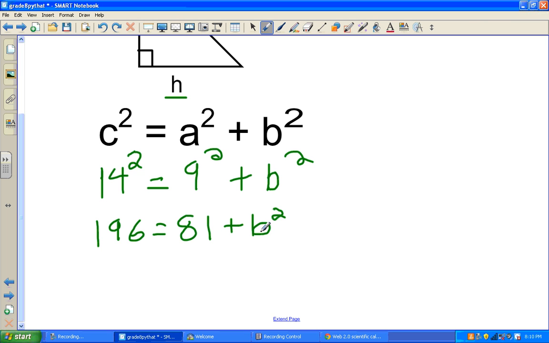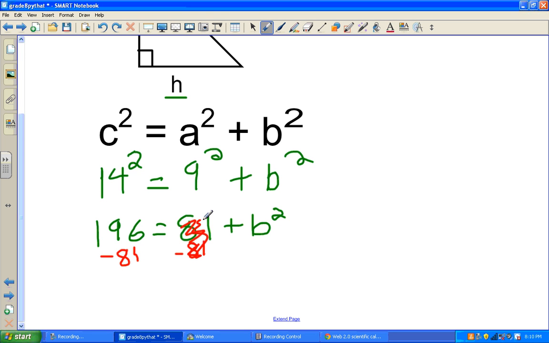So now, I want B all by itself on this side. So how do I get rid of 81 that's a positive on this side? Well, the way to do it, if I want to get rid of 81 on this side and it's a positive 81, I will take away 81 from this side, but I must do the same thing to the other side.